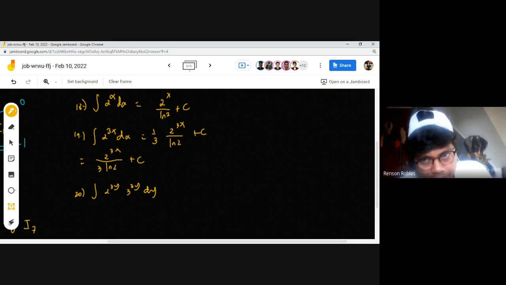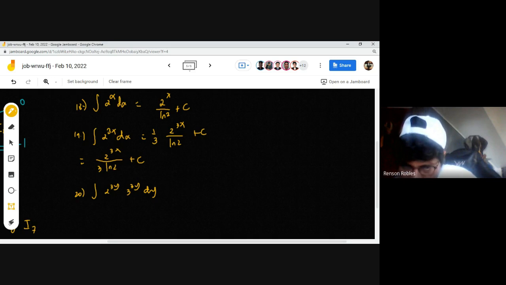You look at the givens. They have different bases but similar powers.